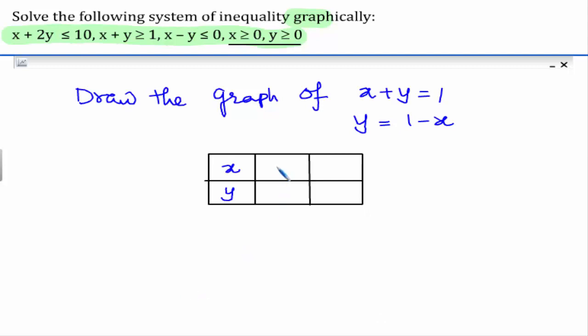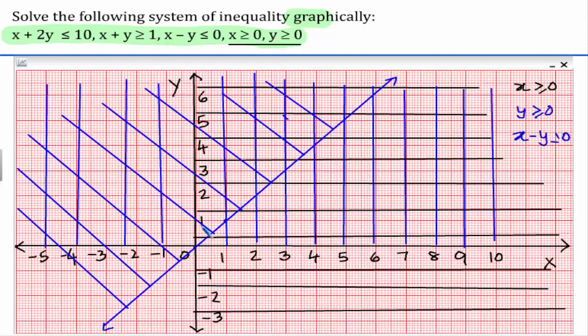If x is equal to 0, then y will be 1. If x is equal to 1, then y will be 0. So the ordered pairs will be 1, 0 and 0, 1. Here 1, 0 will be here on the x-axis and 0, 1 will be here on the y-axis. Now let us join them to draw the line.